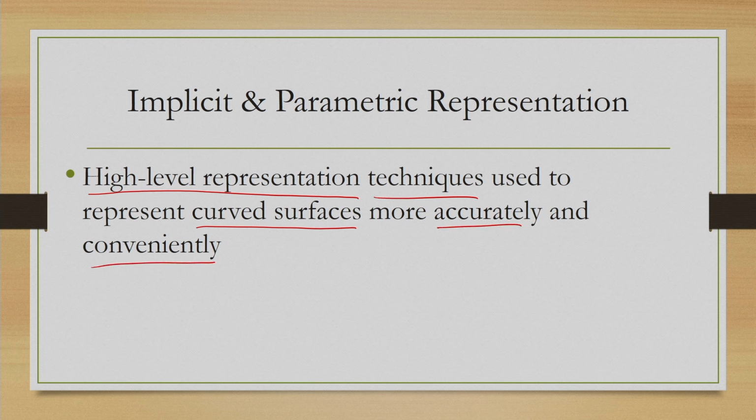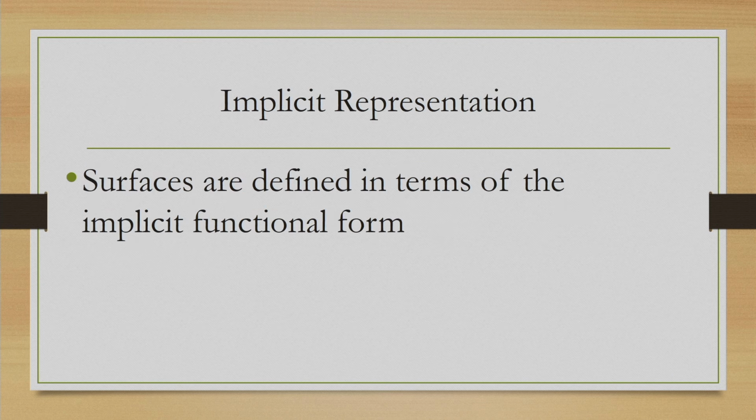These are not approximations, rather they are closer to the actual representations. So, implicit and parametric representations are essentially those types of representations which are more convenient and represent objects in a more accurate way rather than approximating them. Now, let us start with implicit representations.